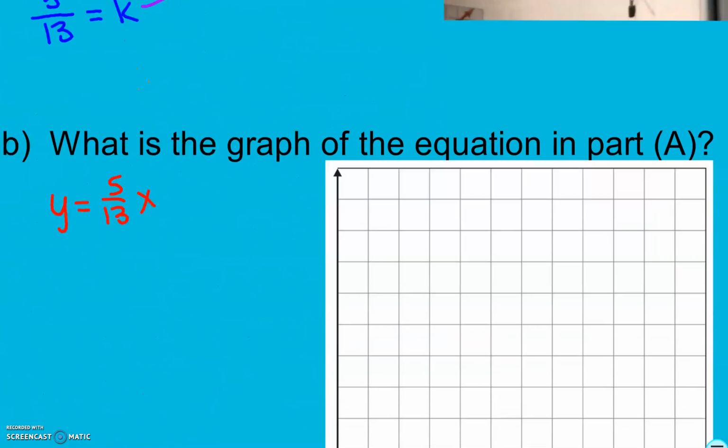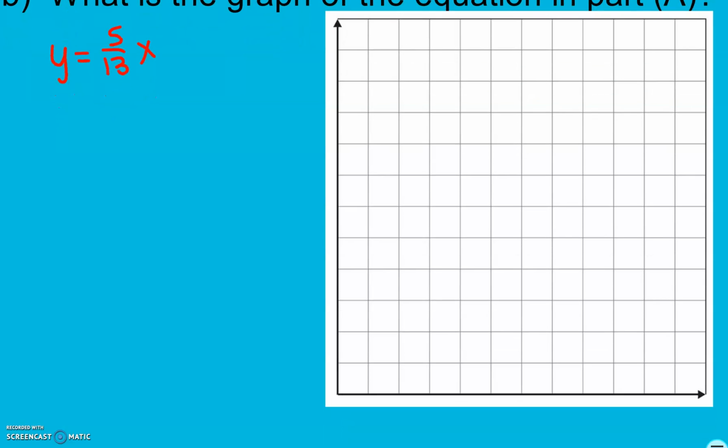So I'm going to make those my labels on my graph. Since weight on Earth is x, it goes on the bottom. Since weight on Mars is y, it goes on the side. Remember our axes, x is always the bottom, y is always up and down. So left and right, x, up and down, y.